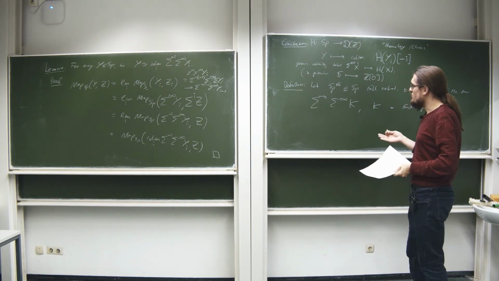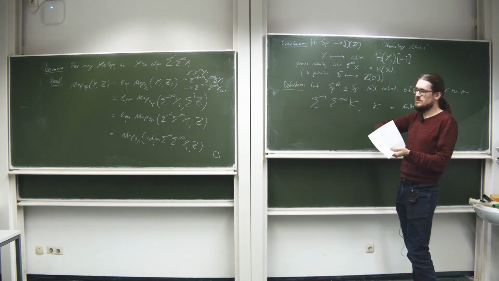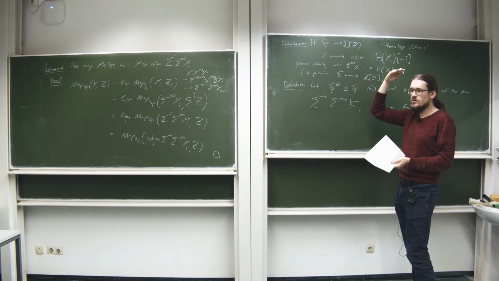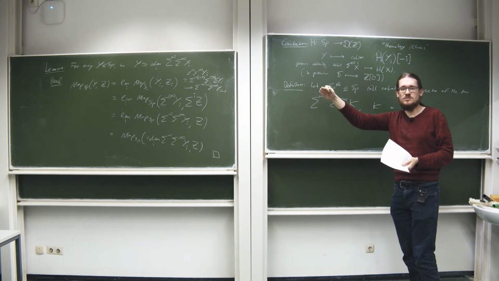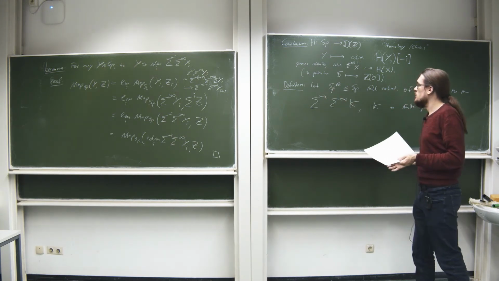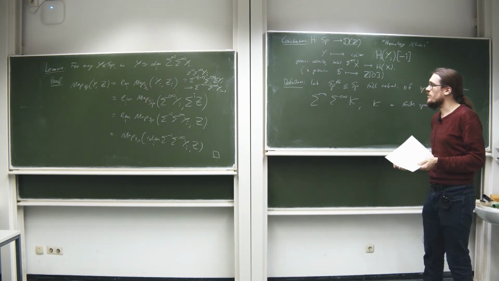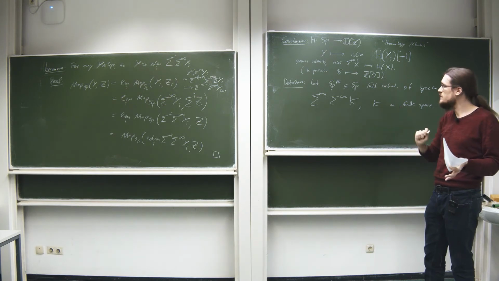And so, for example, maps between them, once you suspend the shift away, really correspond to the stabilization of maps between the spaces we started with. This is also sometimes called the Spanier-Whitehead category. It's really obtained from finite spaces by stabilizing.